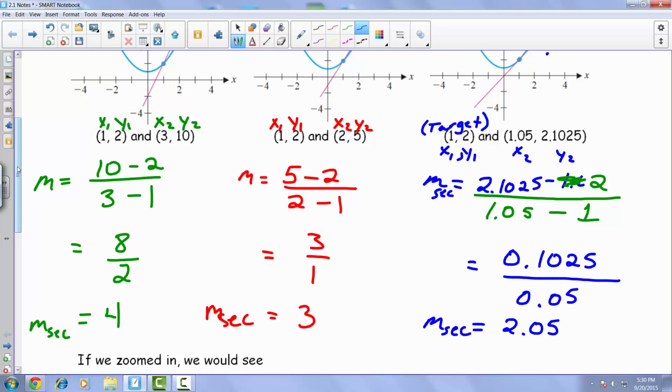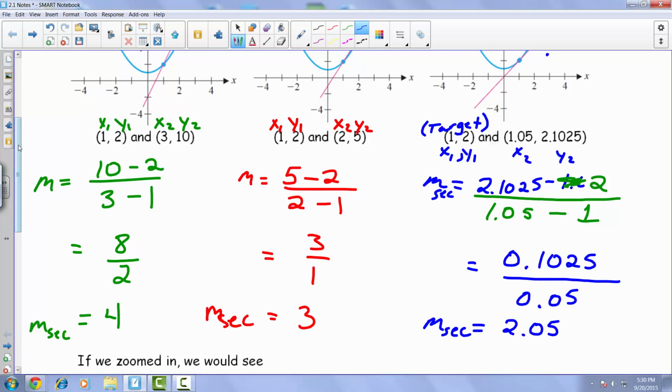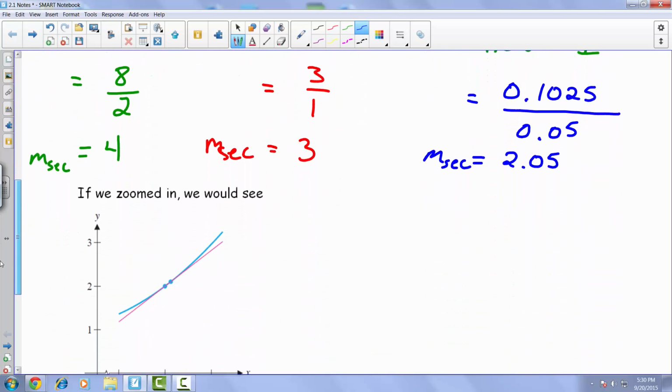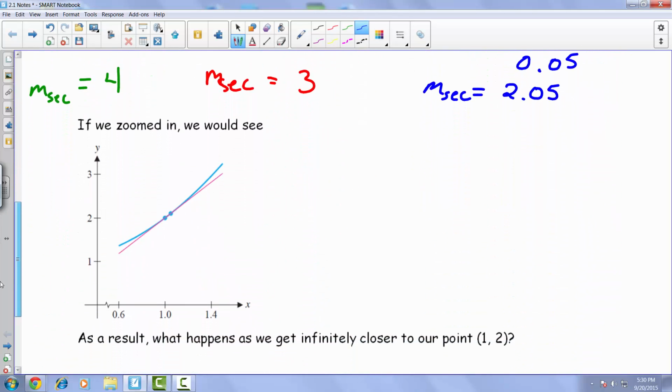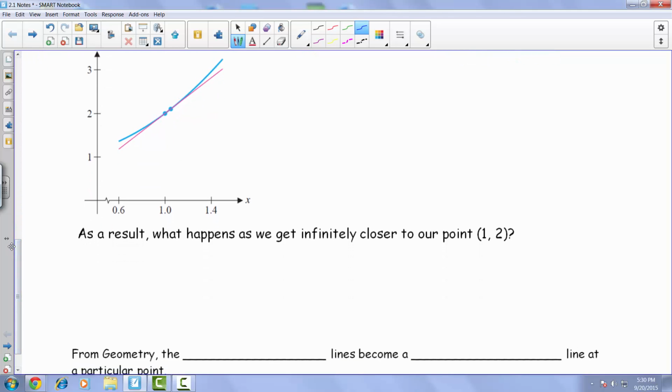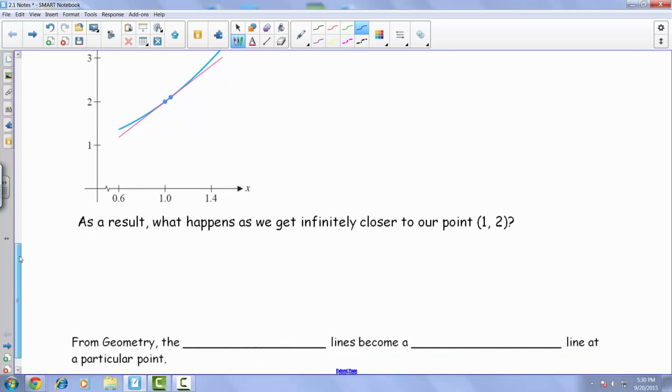Now if we zoom in closer, because right here it's pretty hard to see what's going on, you can kind of make out 2 different points. Let's zoom in a little bit more, and there they can clearly be seen as 2 different points. What we're trying to illustrate is what happens when you get infinitely closer to that (1, 2) target point.